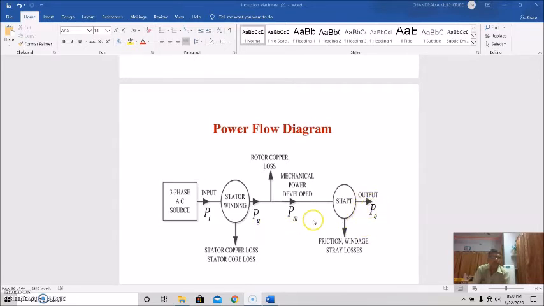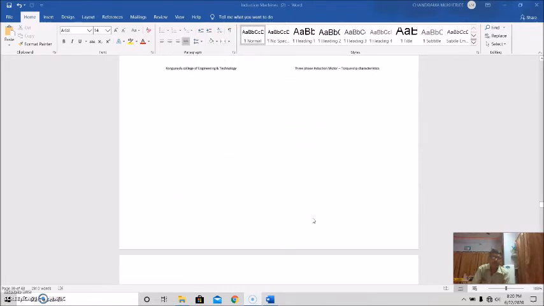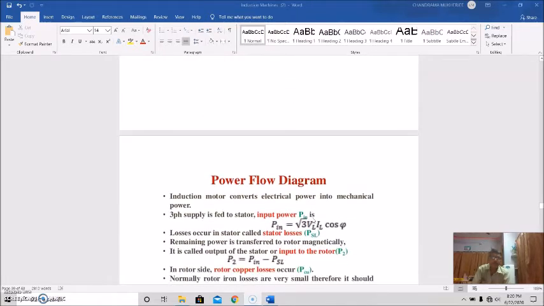Now we come to the discussion of how this power is being developed. From the power flow diagram, we find that the induction motor converts electrical power into mechanical power, and three-phase supply is fed to the stator. So input power is equal to root 3 VL IL cos phi, where cos phi is the power factor.